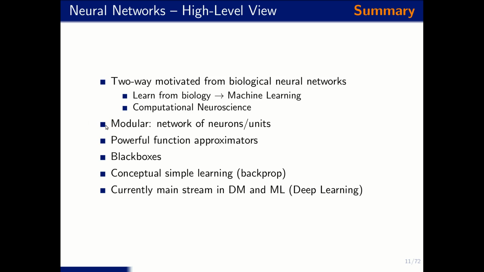We build high-dimensional complicated functions via simple networks, or networks of simple units or neurons. They are powerful function approximators. The major downside is that they are black boxes. We'll learn about the conceptually simple learning rule, backprop, which is actually just the chain rule of calculus. And neural networks are currently the mainstream in machine learning.